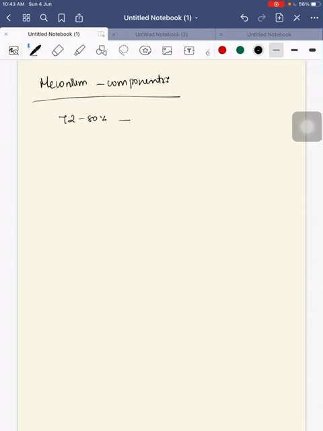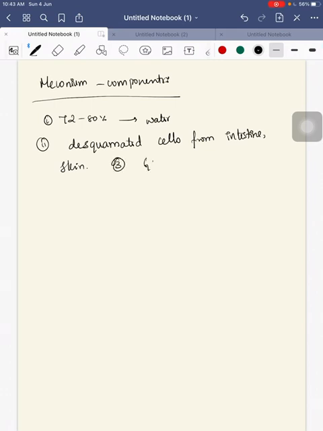It is made up of 72 to 80% water. It contains desquamated cells from the intestine and skin. It also contains gastrointestinal mucin, vernix caseosa, and lanugo hair.